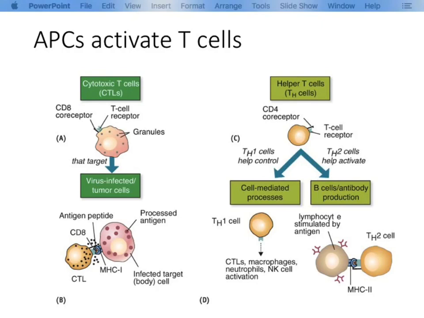T helper function. Basically, yes, it activates the immune response. So T helper cells, as far as we know, there are right now 4 different subsets of T helpers, known as T helper 1, T helper 2, T helper 17, and I think the last one is 4 or something like that.